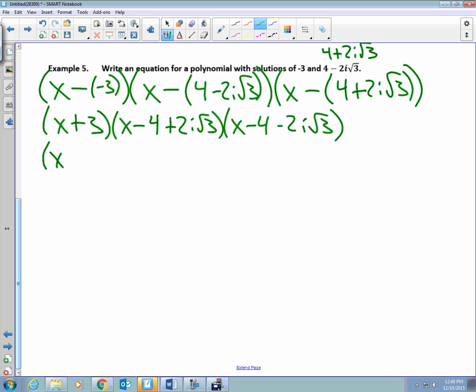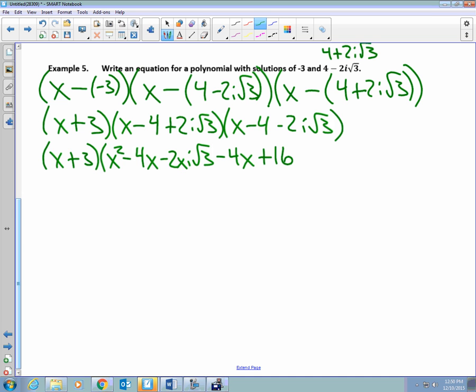I will leave the x plus 3 alone. I'll multiply the rest. x times x, x times negative 4, negative 4x, and x times negative 2i root 3 will be negative 2xi root 3. Done with the x. Move on to negative 4. Negative 4 times x, negative 4x. Negative 4 times negative 4 is positive 16.